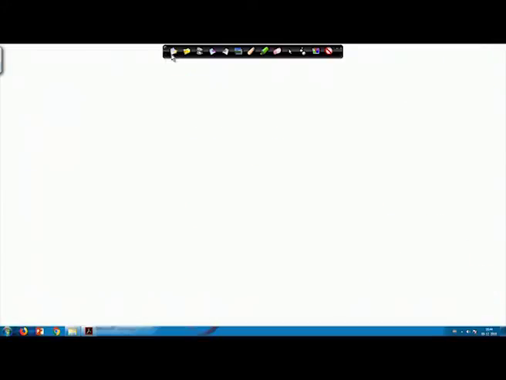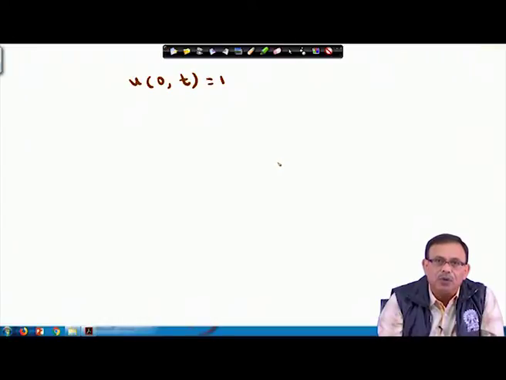And what is given to you? It is given that u(0, t) equals 1. One of the conditions is u(0, t) equals 1. Since u(0, t) equals 1, from here you cannot do anything, because you got the result u bar (x, s) as some function of x and s.